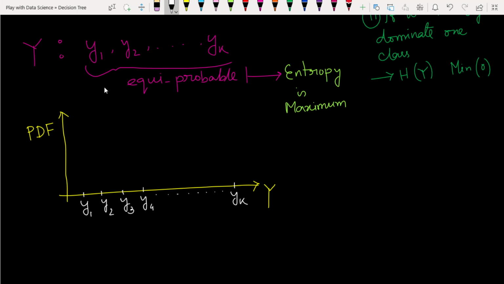Now if all the classes are equally probable, the probability density function will look like this, with equal parallel bars. We get this kind of plot for discrete cases only.